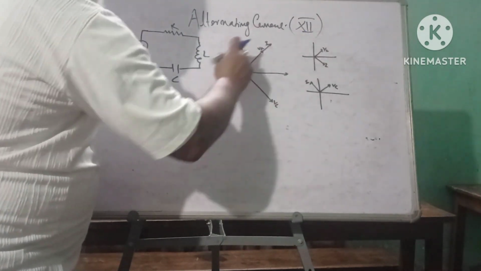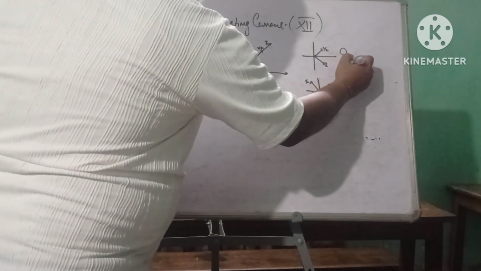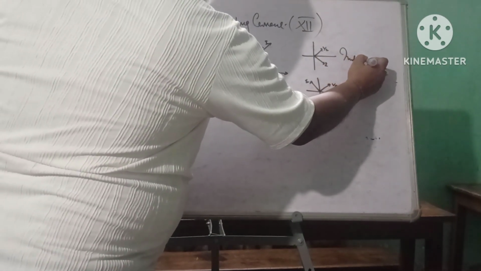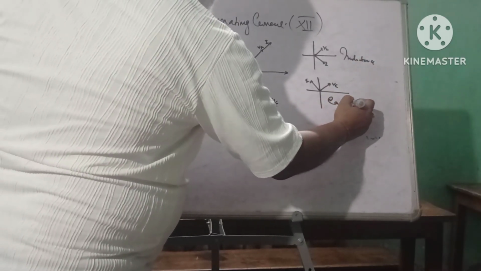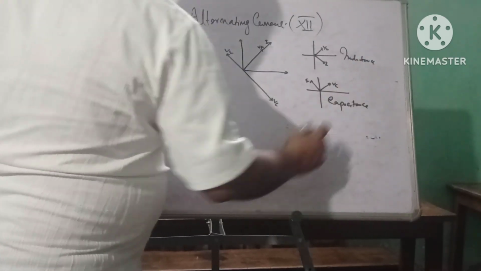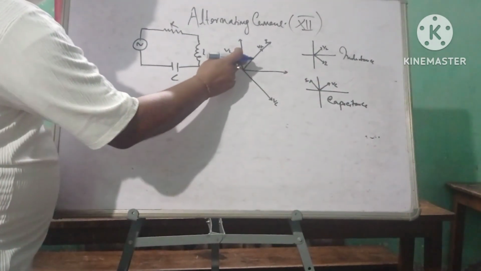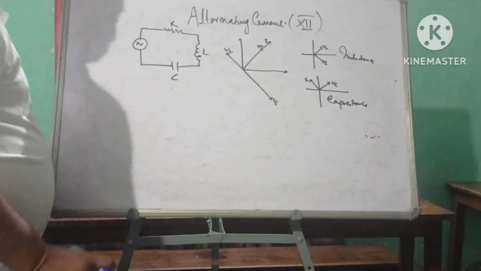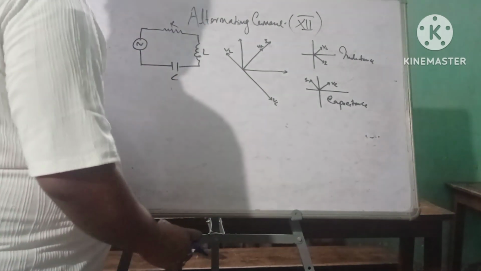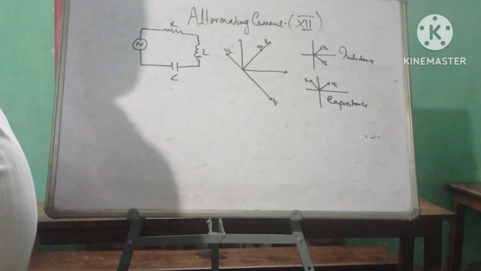Your VL rotates here for inductance, and this is for capacitance. So the resulting phasor diagram will be like this.